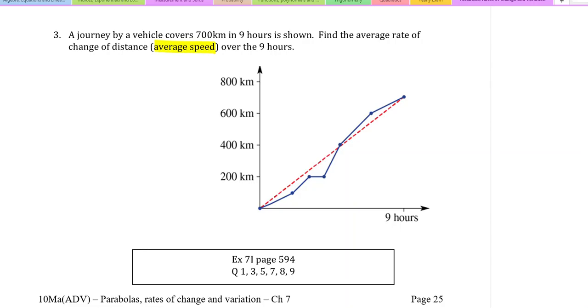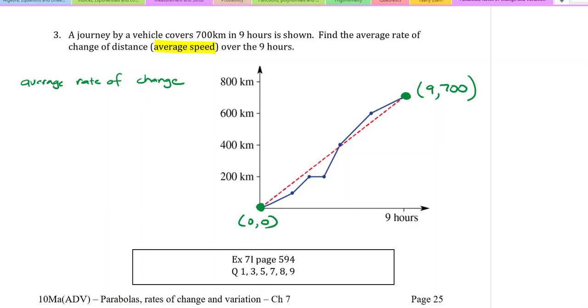So the average rate of change is that I'm starting at this point at the origin, so this point is effectively 0, 0, and I'm zigzagging a bit there with different speeds, but we end up at this point 9 for 9 hours and 700 kilometers.